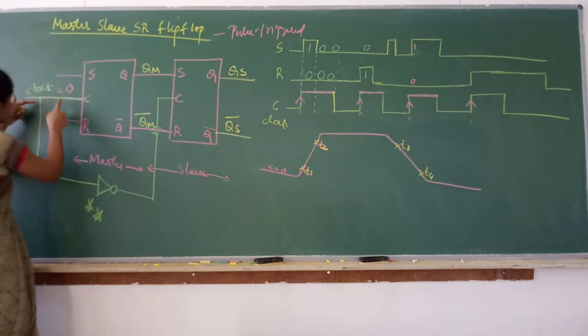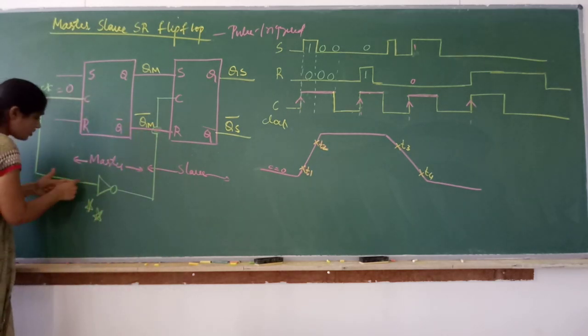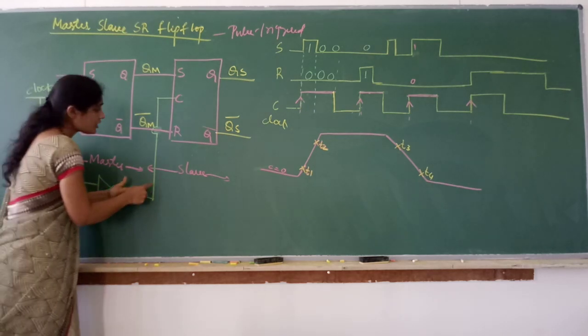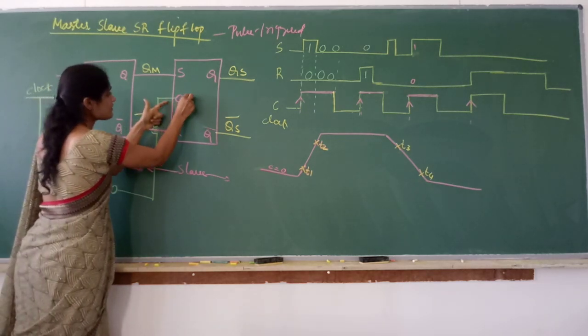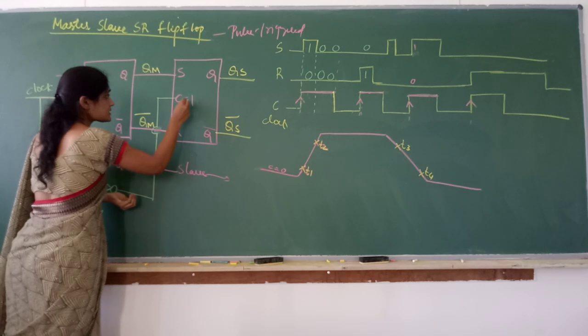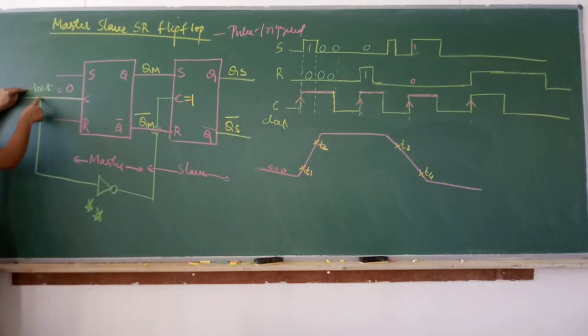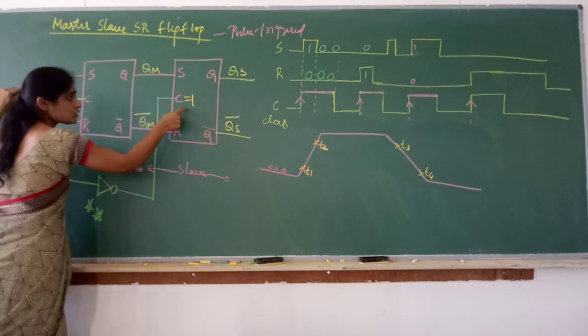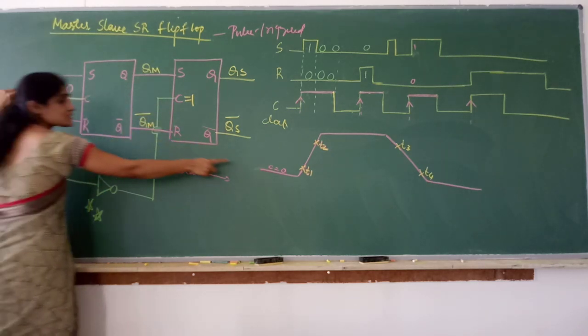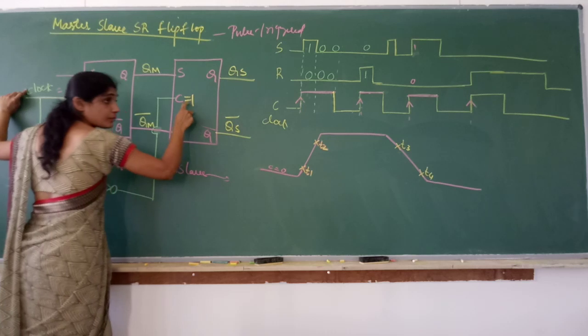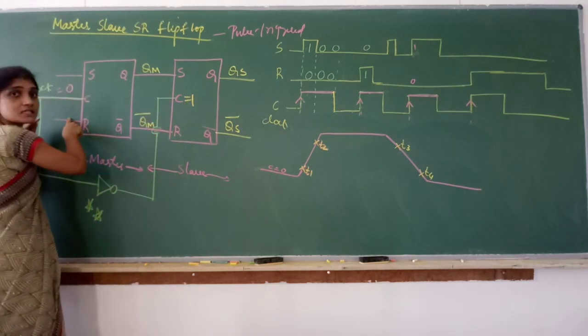Whereas you are giving the clock as 0, so 0 through a NOT gate. What is the slave getting? The slave is getting the clock as 1. Here you are giving the clock as 0, but since you have connected the clock through a NOT gate to the slave, even if the clock is 0, the slave is enabled, whereas the master is disabled.